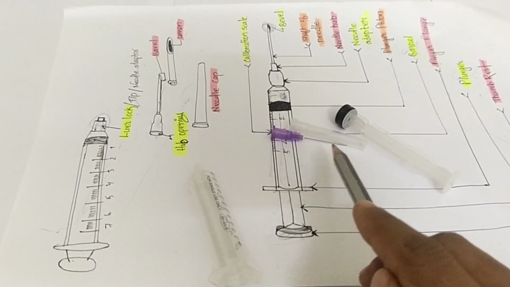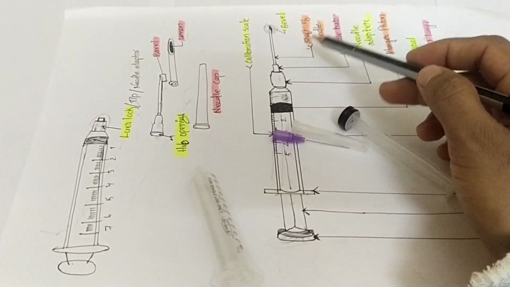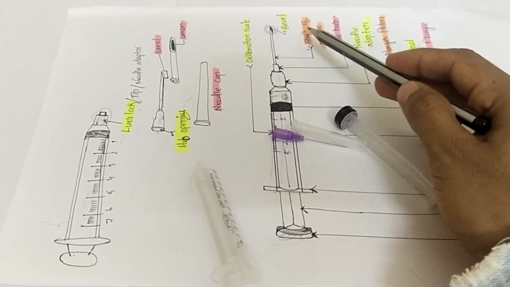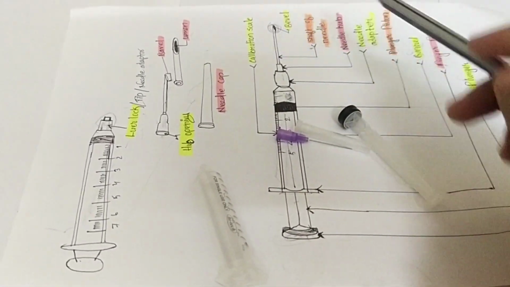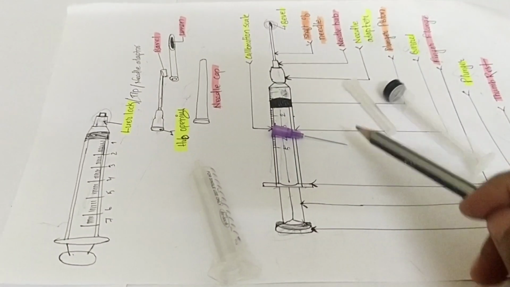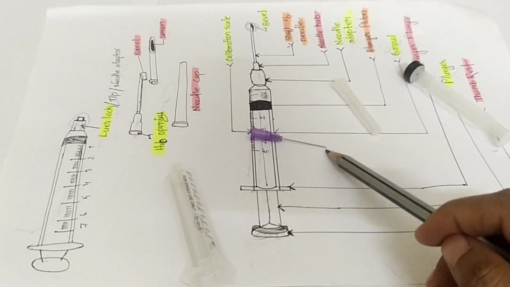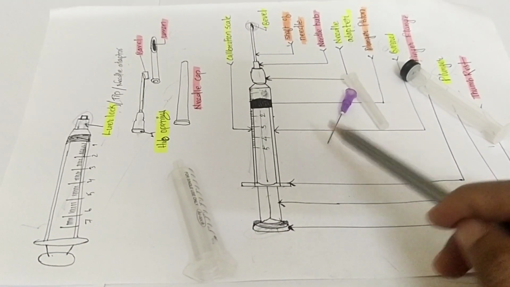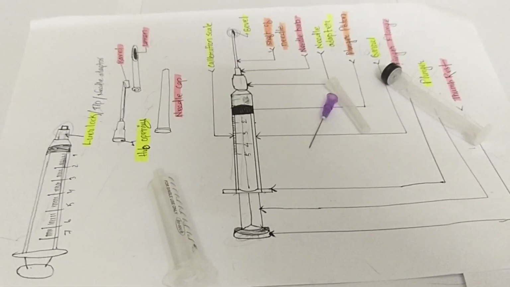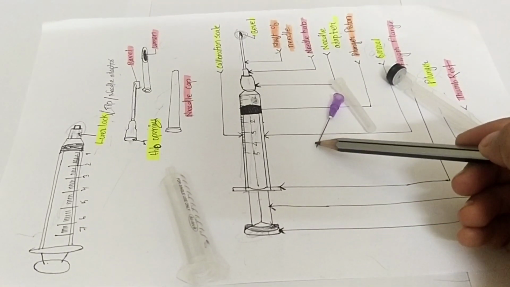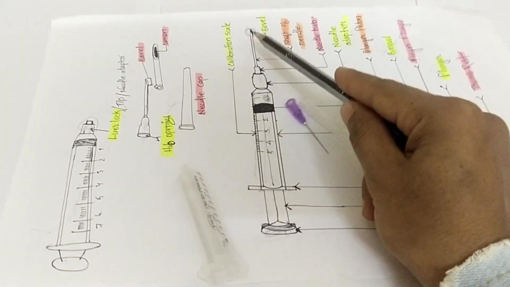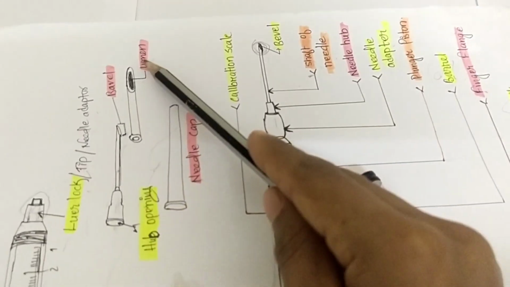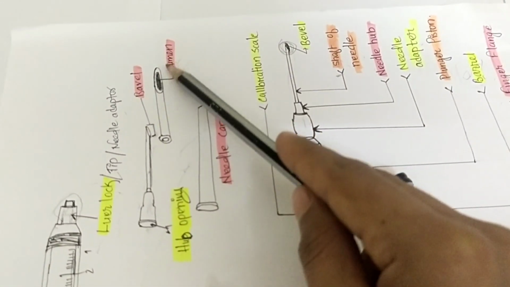There is a long metal structure known as the shaft of the needle, and on the top there is a point. This point is known as the bevel, and in the bevel there is an opening. I drew it here, a black spot. This is known as the lumen.